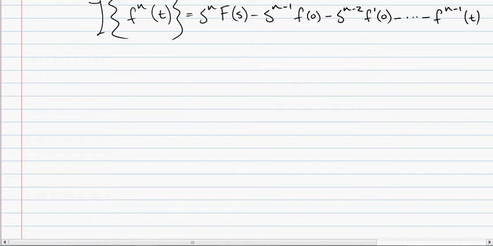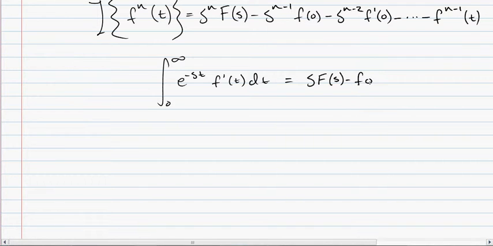So that's the general form for the transform of a derivative, and that can be found using the definition as well. Using integration by parts. So something like that, we're just going to get s f of s minus f of 0. That's the first derivative.